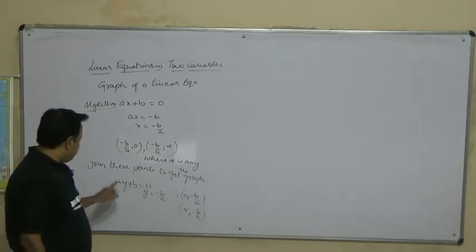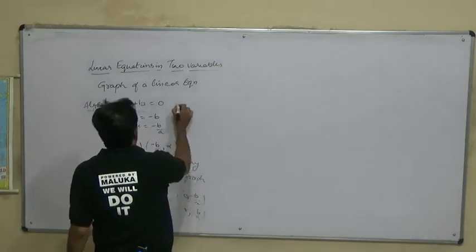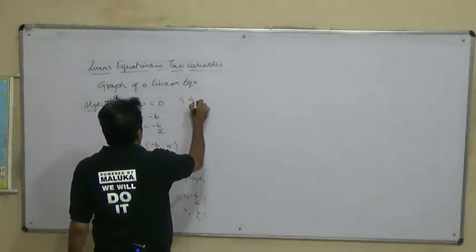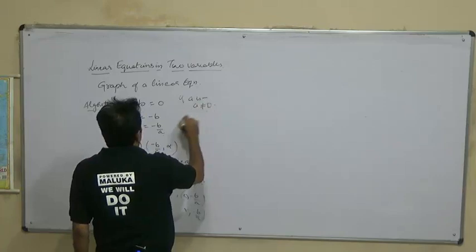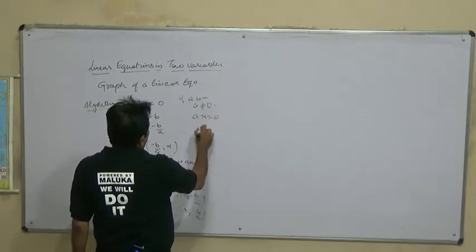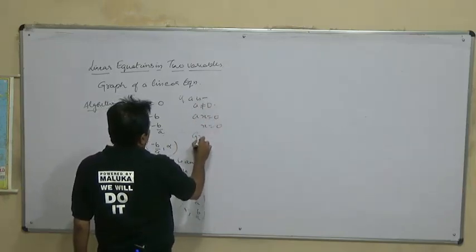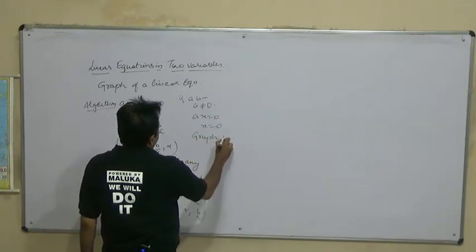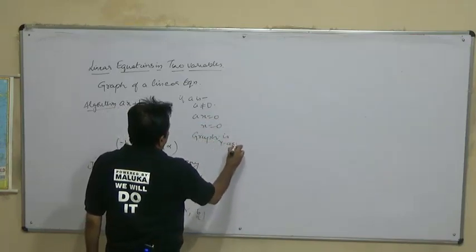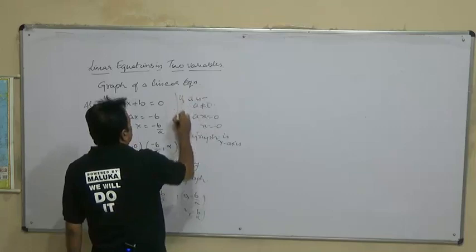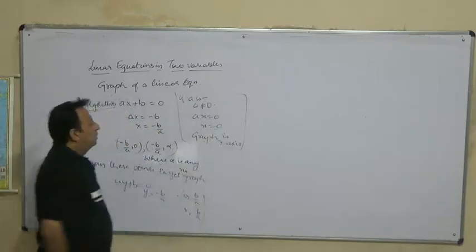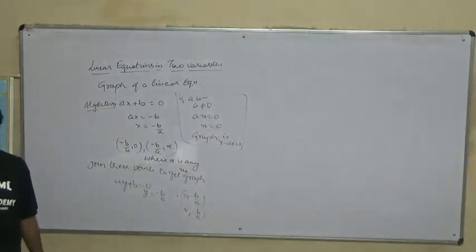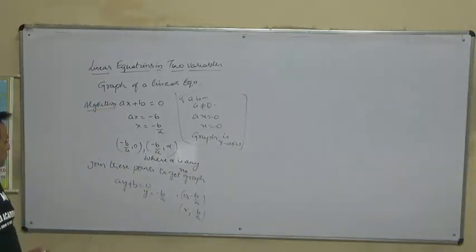Now in case of this, if a is not equal to 0 and ax is equal to 0, it means x is equal to 0, and the graph is the y-axis. Because we know that at the y-axis, x is always equal to 0.